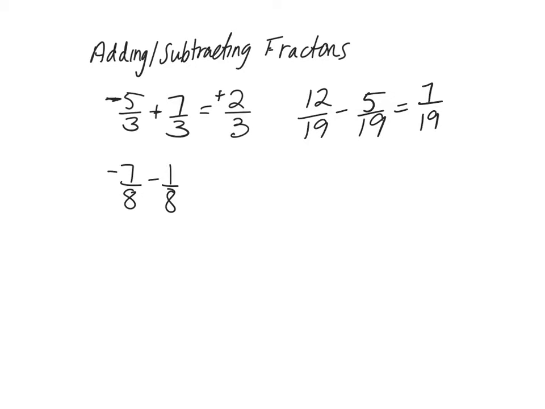How about negative 7/8 minus 1/8? Same sign now. So we're going to add 7 plus 1 to get 8. The common sign is negative. And can we leave the fraction as 8/8? Or do we need to reduce it to -1?